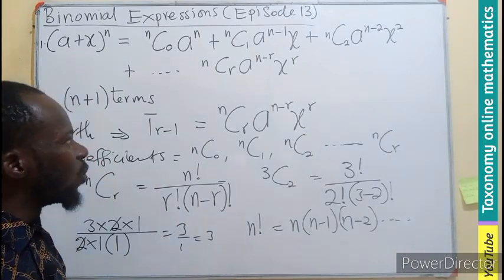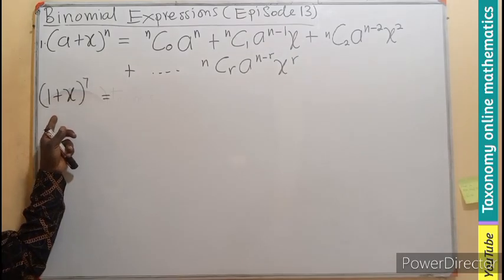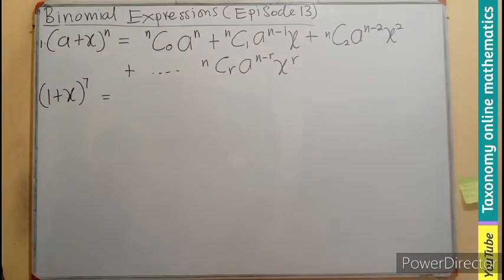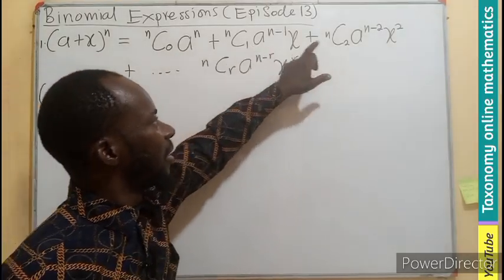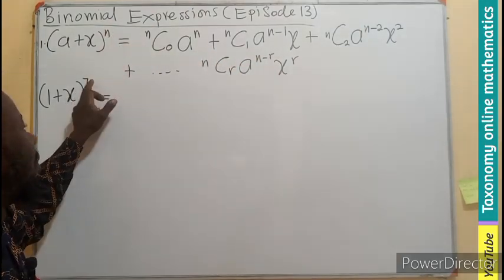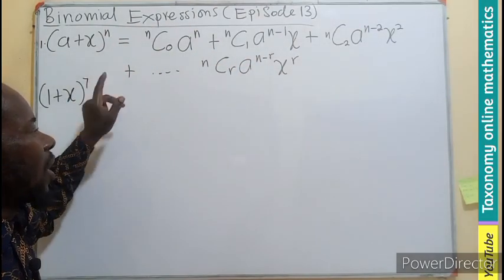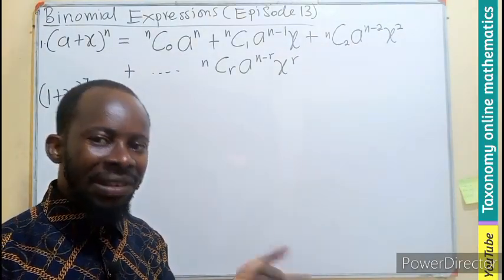Alright, so let's see how we can manipulate this in questions. (1 + x) exponent 7 is what we are asked to expand, where the 1 is taken in place of a, and the x remains x. Your n will now be 7. Now don't forget that 1 exponent any number still remains 1.